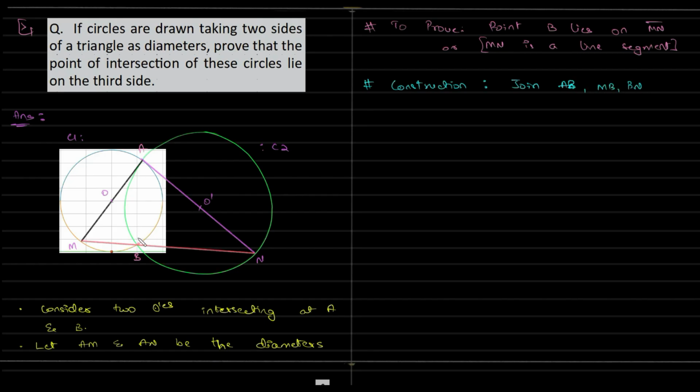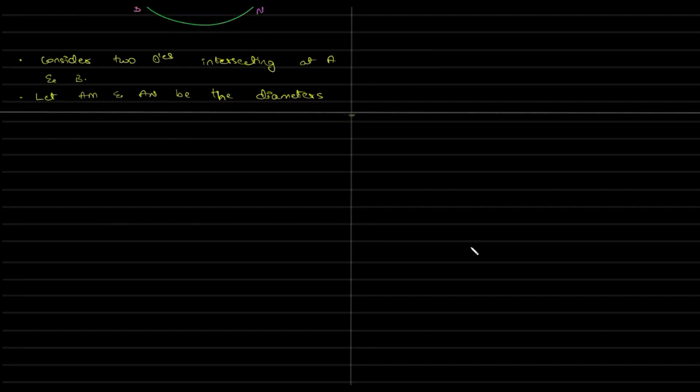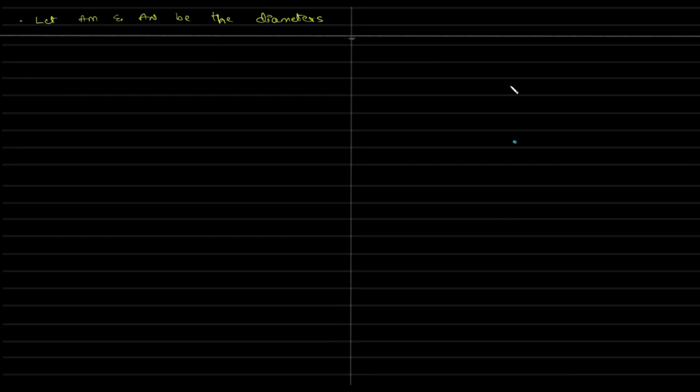So say these are not a straight line, MN is not a straight line having B. So we have points A and B, and MN is in a way wherein it is not on a straight line. They are not collinear basically, right?